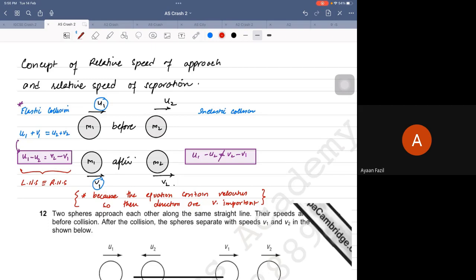Now this equation is so easy because you do not need mass. Let me write a note with a different color so you can also add that note.